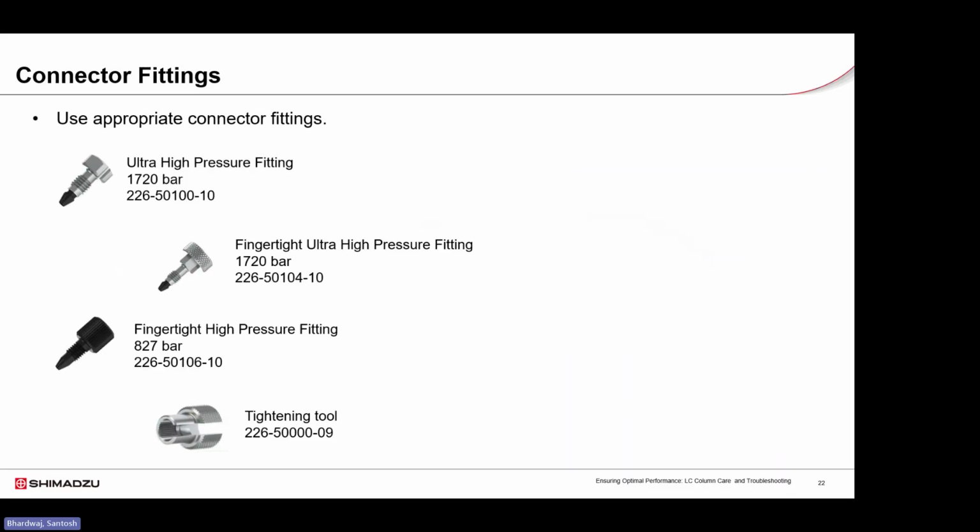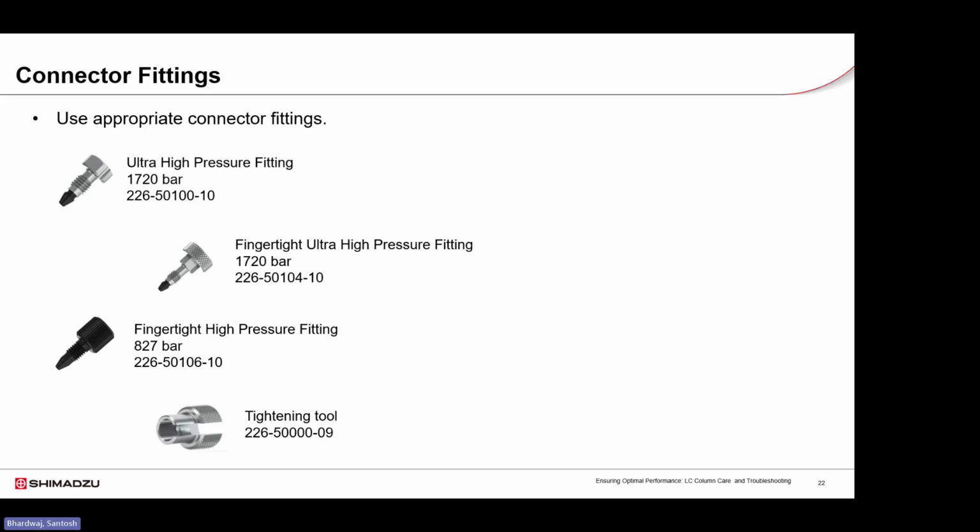Connector fittings play a critical role in maintaining flow integrity. Inappropriate fittings can cause leaks or dead volume, which can affect system performance. There are different types of column fittings and they differ in pressure rating. Our ultra high pressure fitting has a pressure rating of 172 bar, suitable for all HPLC specifications and applications.